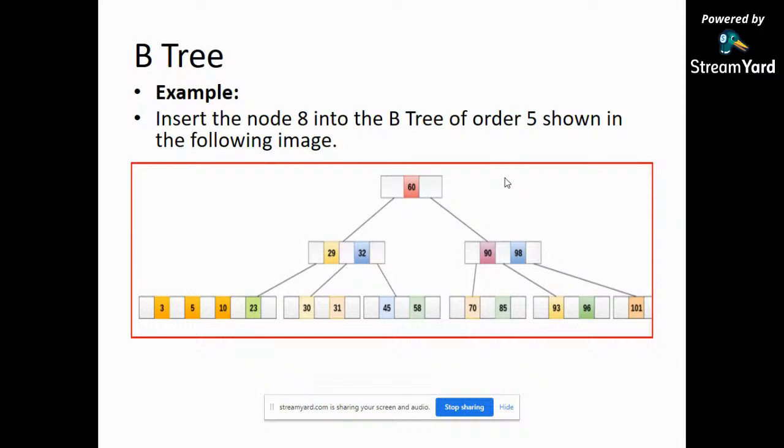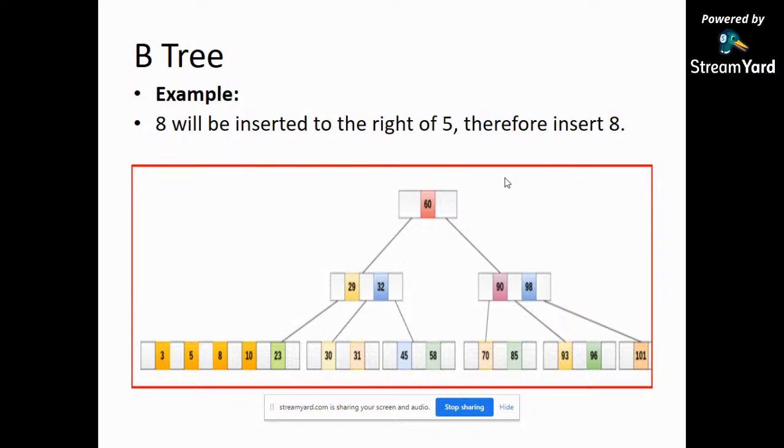That is for sure. Now the thing is, this leaf node is already having 4 keys, whereas the rule says if the order of the tree is 5, you can have a maximum of 4 keys. So this is the situation where we have to split the leaf node. For that, first we have to do the insertion. So first of all, we'll insert 8 in between 5 and 10.